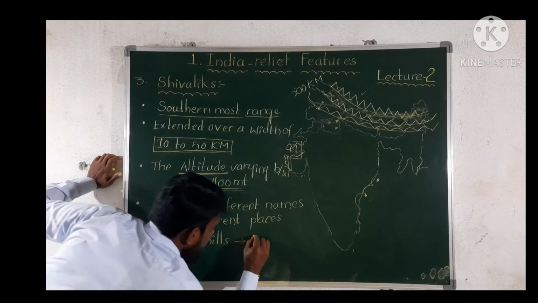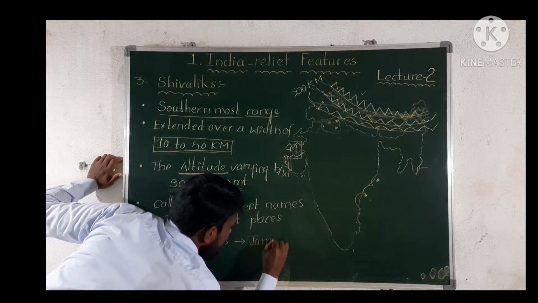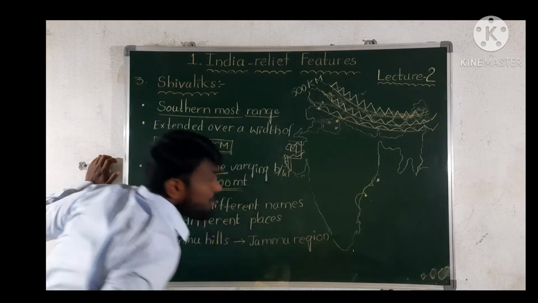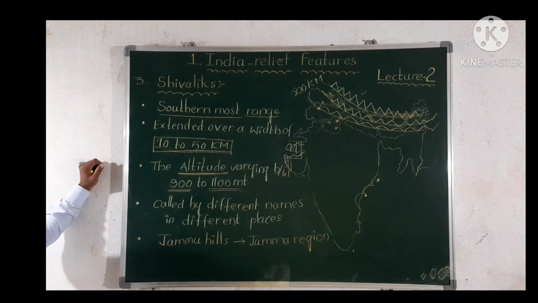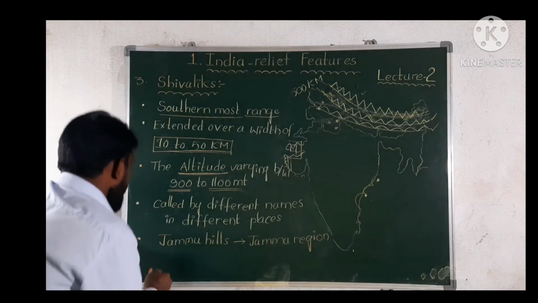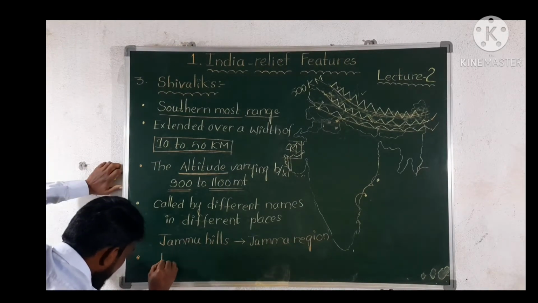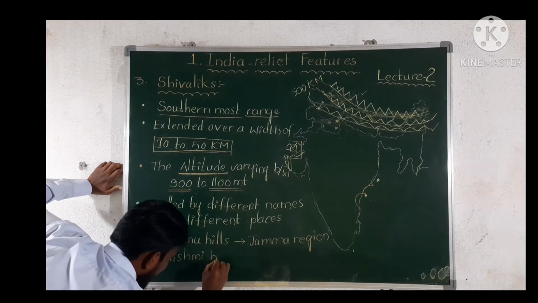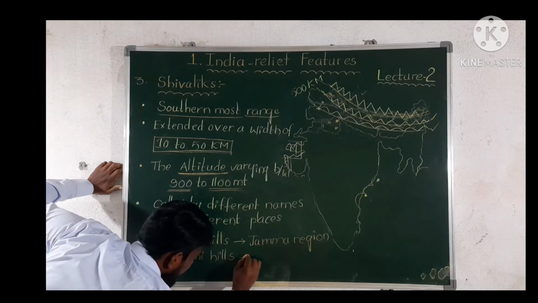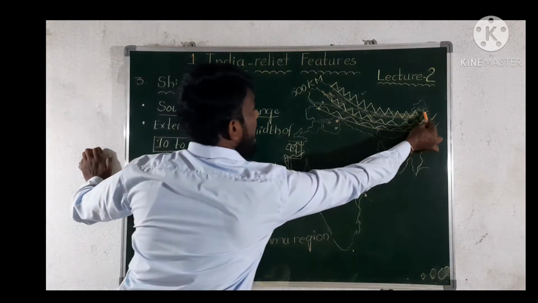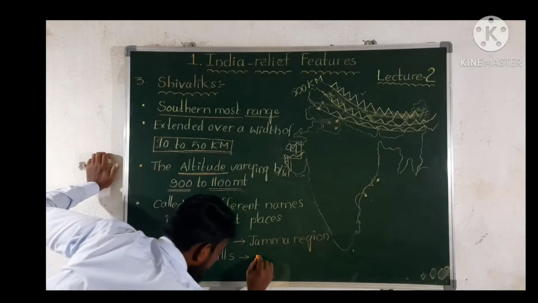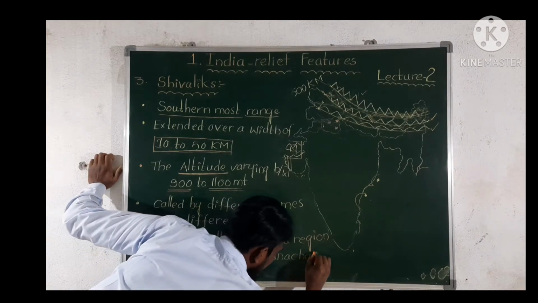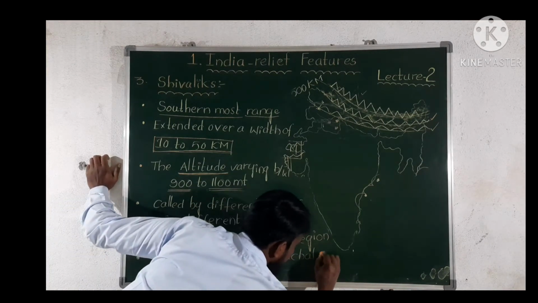And the next one is Mishmi Hills in Arunachal Pradesh. As the place changes, the name also changes. In Arunachal Pradesh, the Shivaliks are called Mishmi Hills.